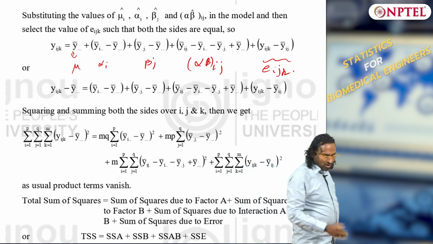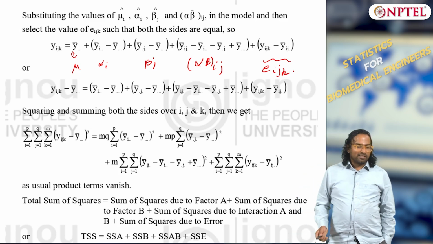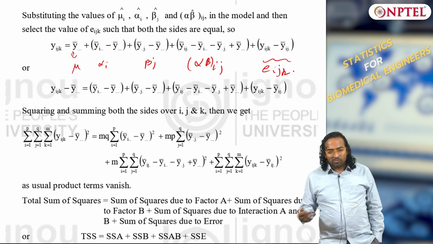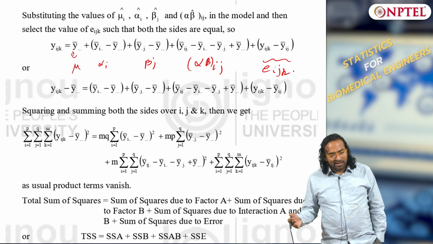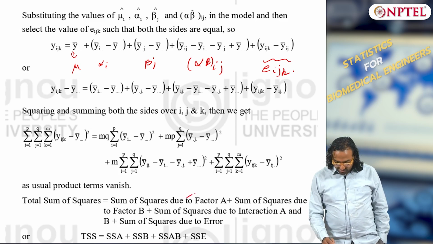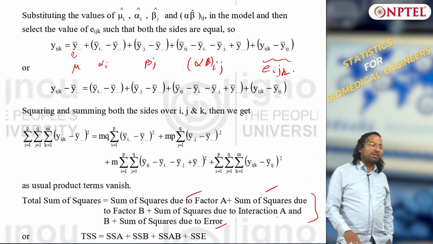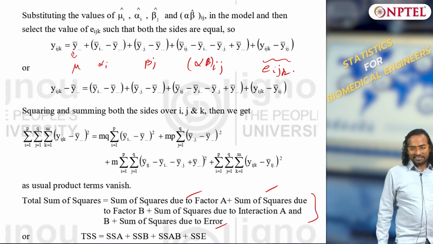Clear on the steps. So now, you should have guessed it, the sum of squares total should be the sum of squares of factor A, factor B, interaction, plus noise. These are the 4 parts: SSA plus SSB plus SSAB plus SSE.